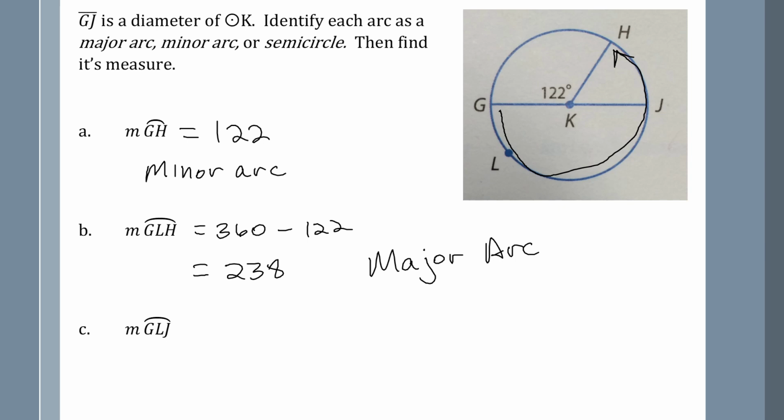Arc GLJ would be from here, and it would stop right here. Since it does that, that is a semicircle, right? So that's equal to 180, and that is a semicircle.